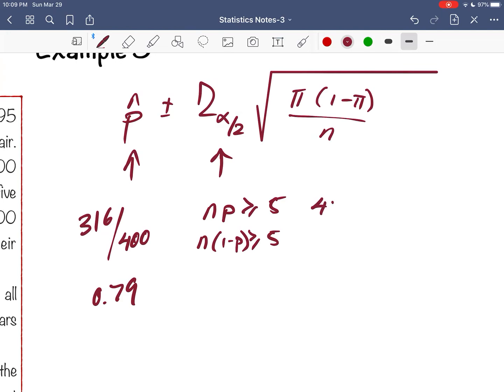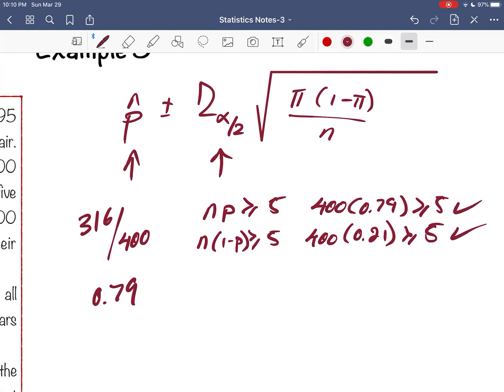And so in this particular case, 400 times 0.79 is certainly greater than 5, and 400 multiplied by 0.21, which is the complement, is also greater than 5. So both of those have to be confirmed, and once they are, we know that the sample size is large, and therefore we can use the Z value.